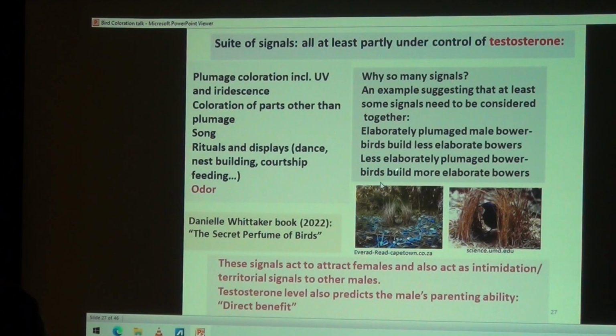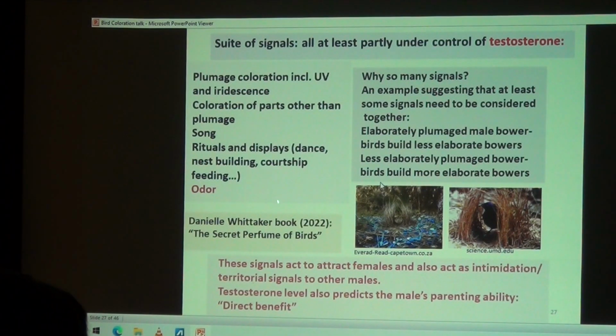So here's an example that suggests that the plumage and how impressive the bower is, they have to be taken into account. The female actually comes and inspects the bower, and it's really not a nesting place. It's just a structure that the male uses to impress the females.